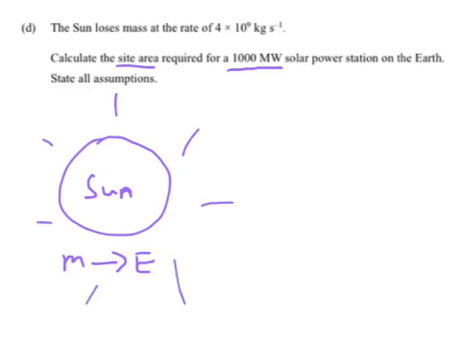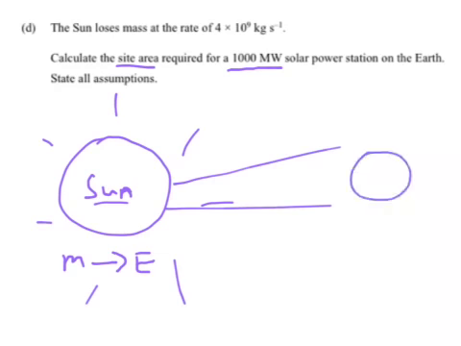Looks like this picture of a sun that you draw for kids, and some of that is going all the way out here to Earth, not to scale, and we're trying to find the area on the Earth that you could put solar panels to collect 1000 megawatts of that energy. Wow, this is a very cool question.